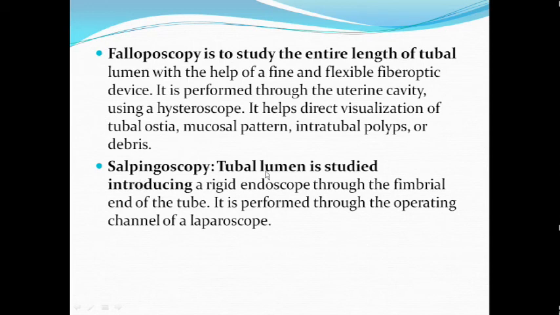Salpingoscopy, here a rigid endoscope is passed through the fimbrial end. So it is used along with laparoscopy. Falloscopy is used along with hysteroscope, while salpingoscope is used along with laparoscope. So with a rigid endoscope through the fimbrial end of the tube, you can study the tubal lumen.